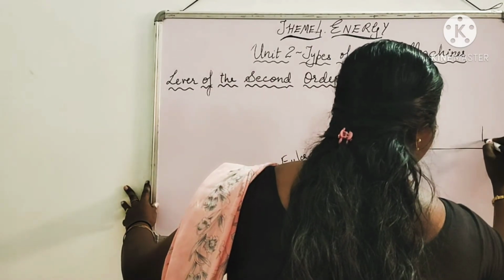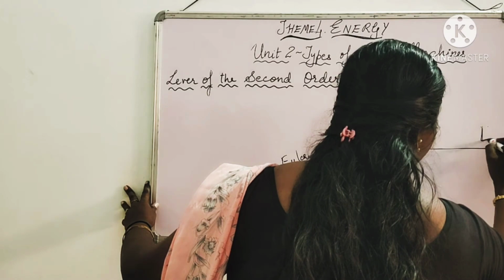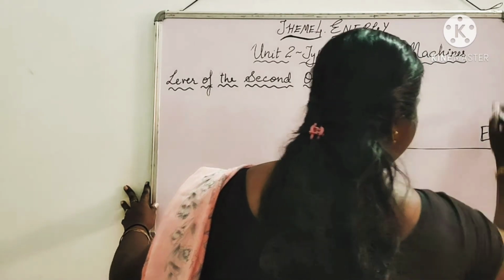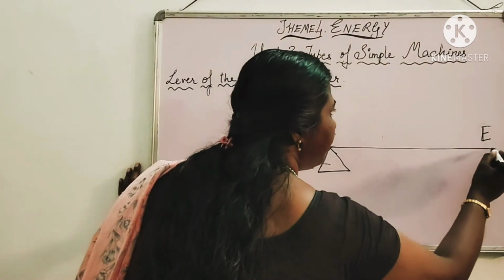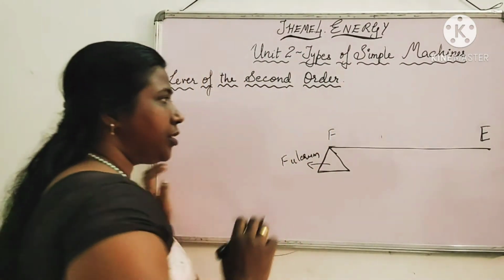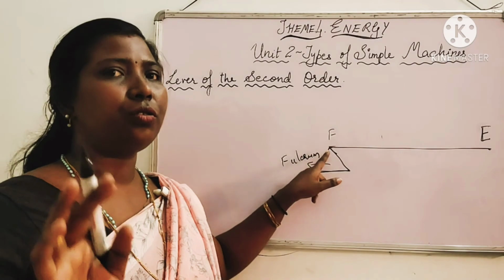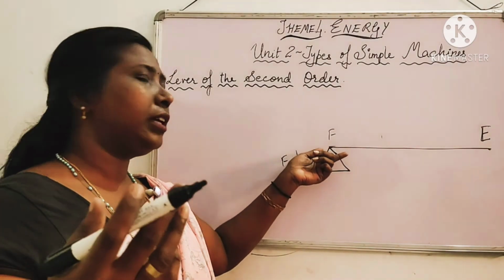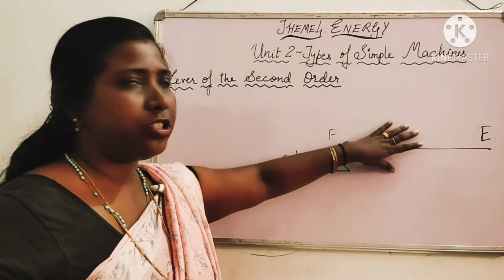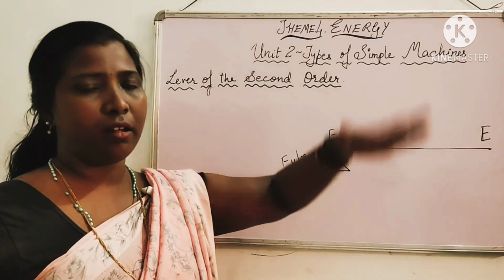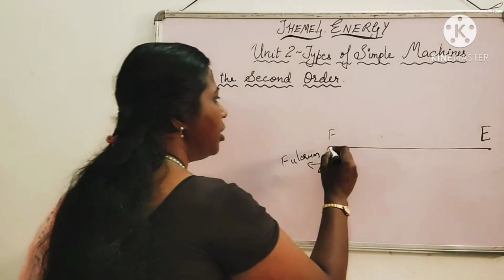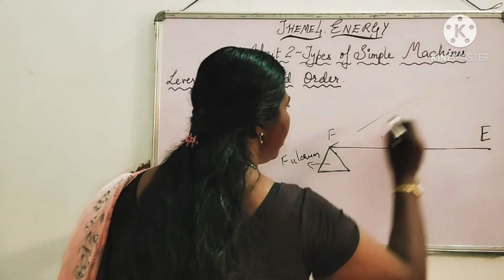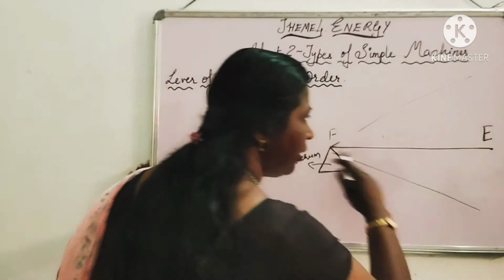So here it is an effort. So we are putting an effort. This effort means it can move anywhere. You know that in the case of a lever, this rigid bar can move in any direction. Since the fulcrum is a fixed point, it can move from here to here, wherever it can move.